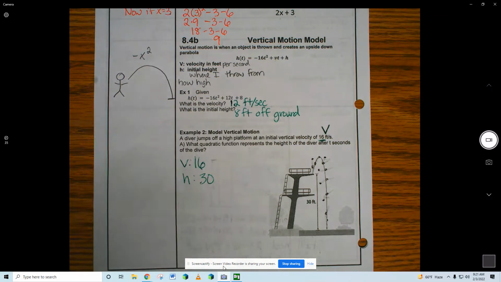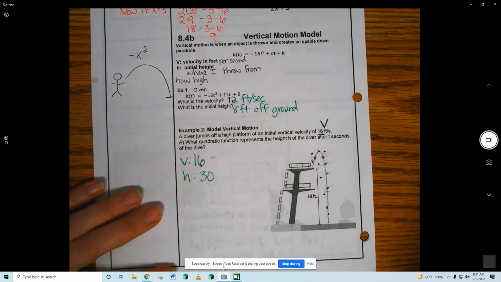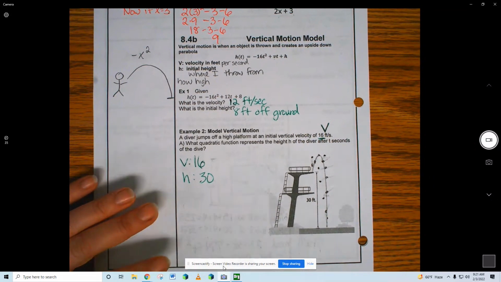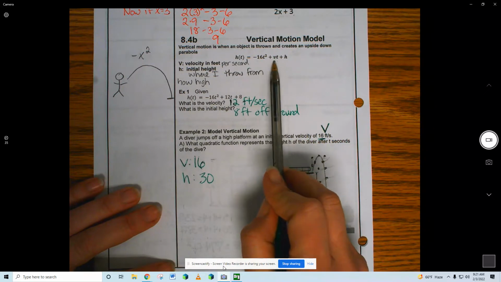Jonathan, what did you write? Well, go ahead. Here's the formula. V is 16, H is 30.